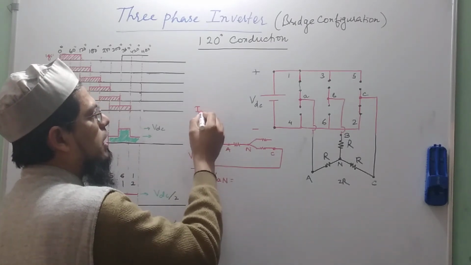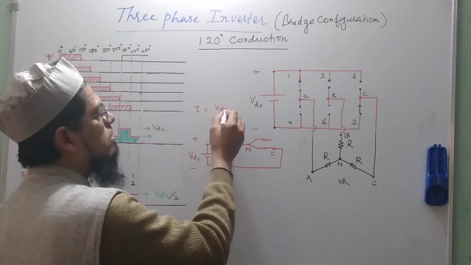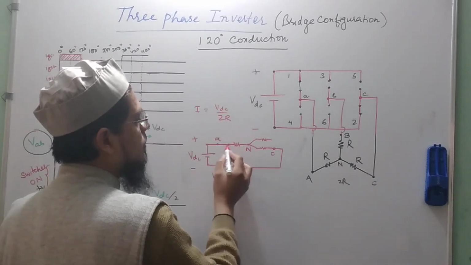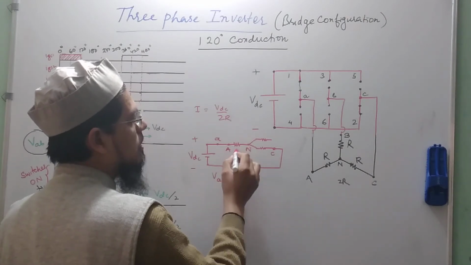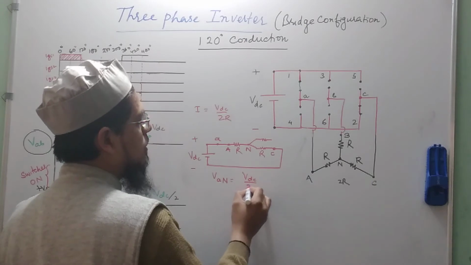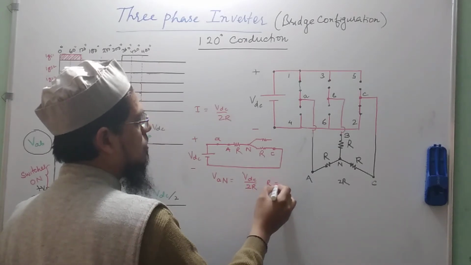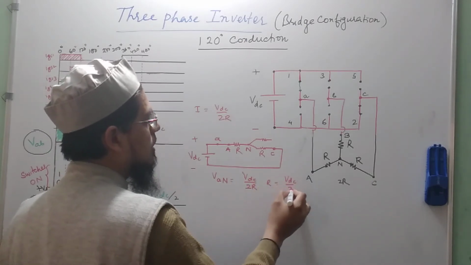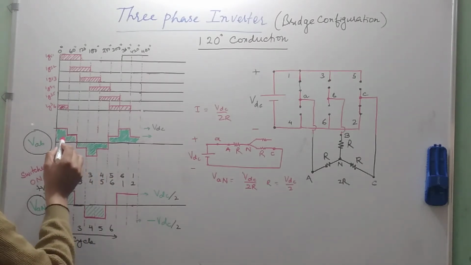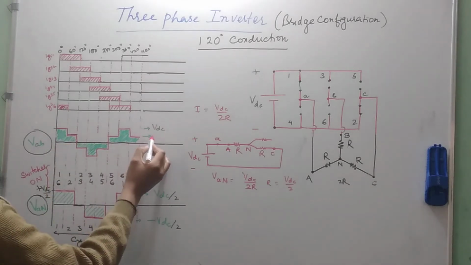That means the current would be VDC by 2R. So, VAN would be the current flowing through AN times the resistor R. So, that is VDC by 2R into R, which gives me VDC by 2. Okay. Fine. So, I have drawn this here, this is VDC by 2.